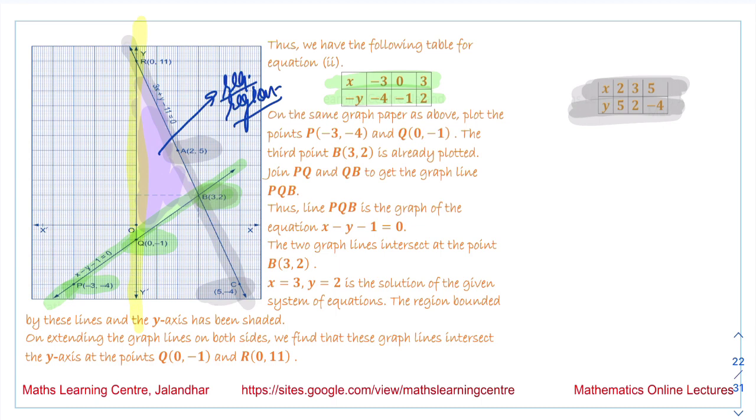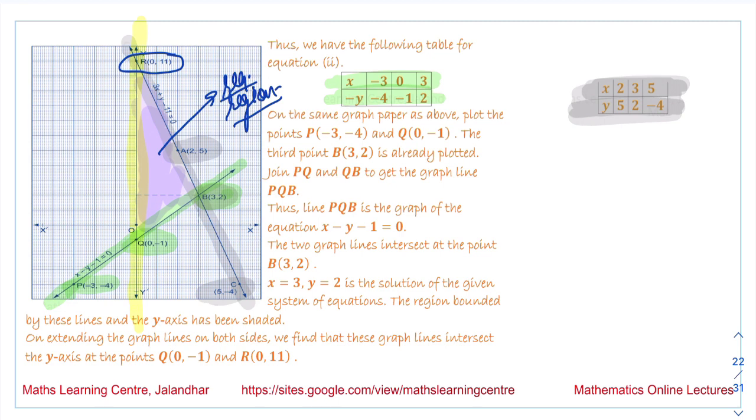Next we have to tell the points where these lines are cutting the y-axis. So to find this point over here, R, what we are going to do is take the first equation.